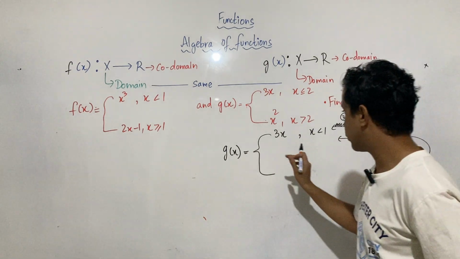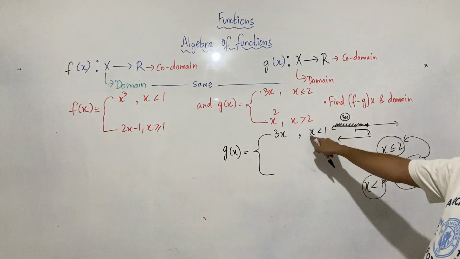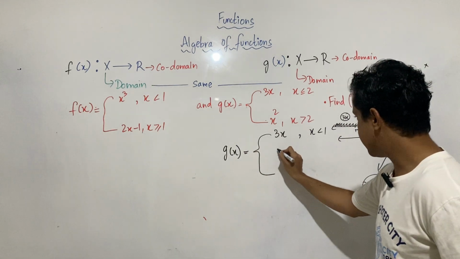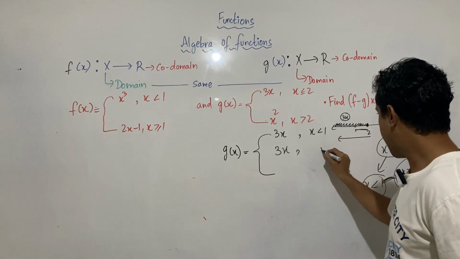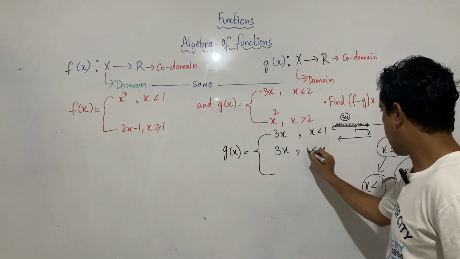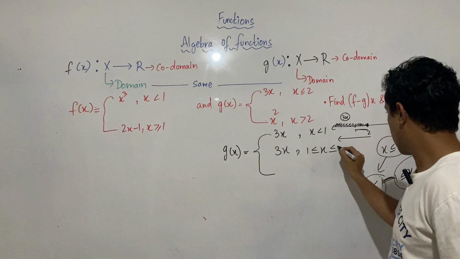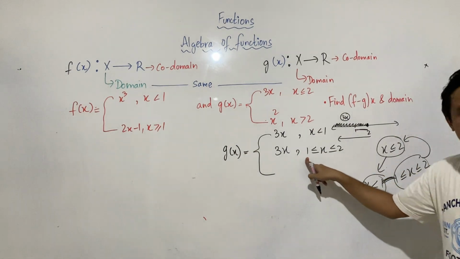So that's what I'm going to do here: it's going to be 3x for all x less than 1, and again it's going to be 3x for all x between 1 and 2. Why? Because here 1 was not included, so here I have included 1.